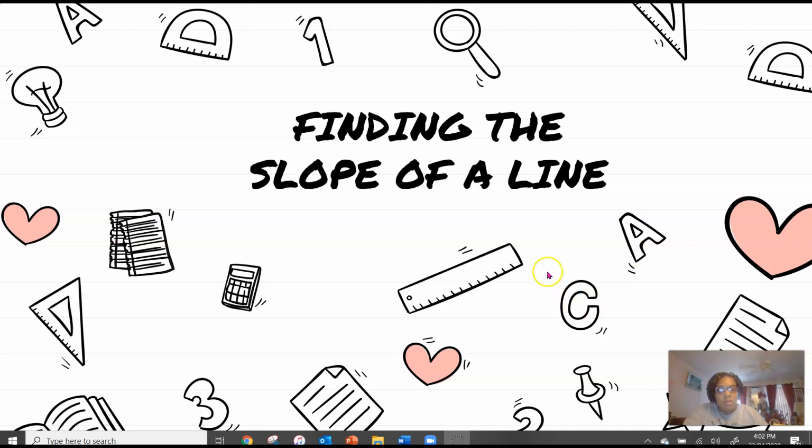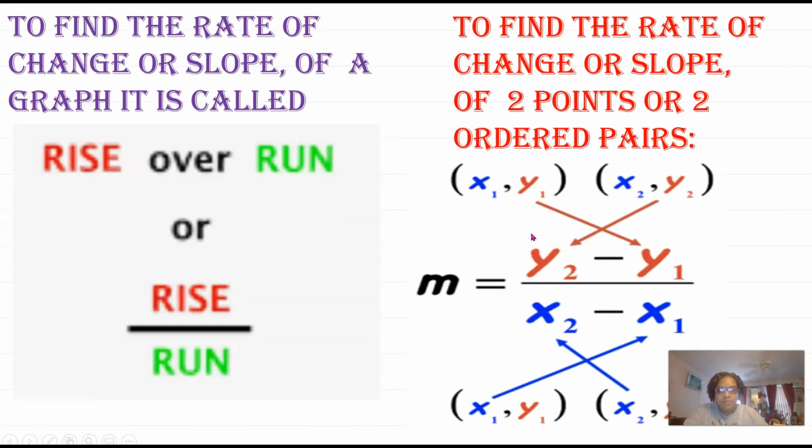So first things first, to find the slope of a graph, also called the rate of change, you do rise over run. I have it written both ways because that's just how we do things.